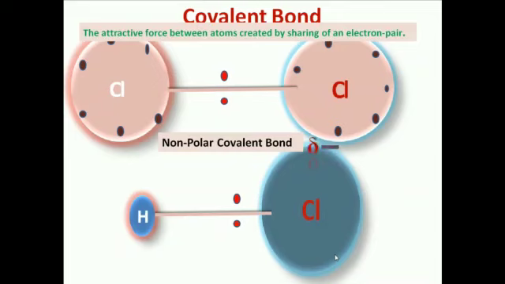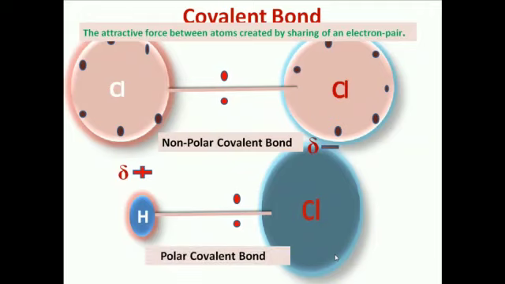Why does it develop a partial negative charge? Because the electron pair, which should be situated at the center, is situated nearer to the chlorine. If the electron were completely transferred to the chlorine, then it would develop a negative charge. But here the electrons are only slightly shifted to the chlorine, so it develops a partial negative charge, and hydrogen develops a partial positive charge.